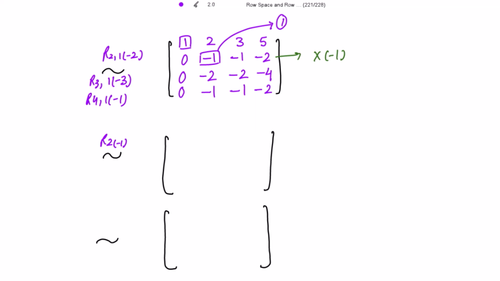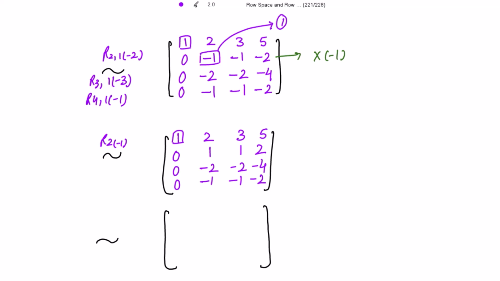Writing the first, third and fourth rows as they are, 0 times -1 is 0, -1 times -1 is 1, -1 times -1 is again 1, and -2 times -1 is 2.